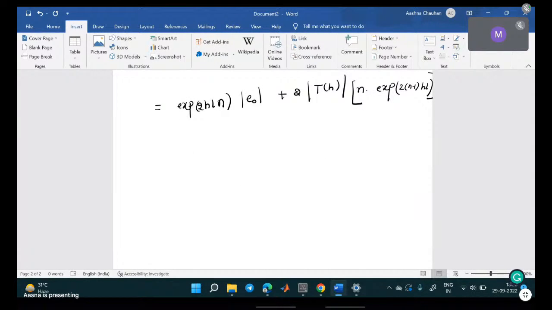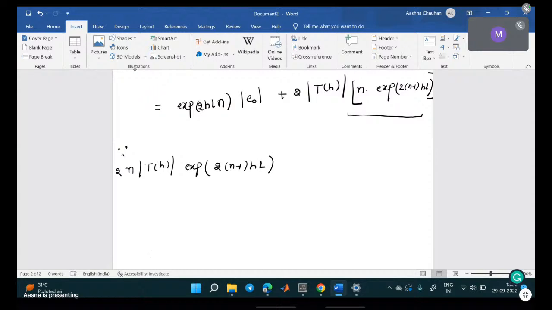Okay, so now what we will do, we can also write this term as n times 2 mod th exp of twice of n minus 1 hl.